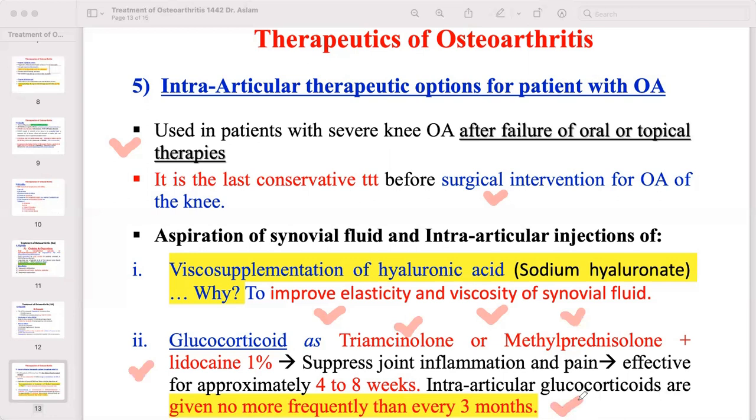So intra-articular therapies include hyaluronic acid plus glucocorticoids such as triamcinolone or methylprednisolone in combination with local anesthetic lidocaine. These injections suppress the joint inflammation and pain.